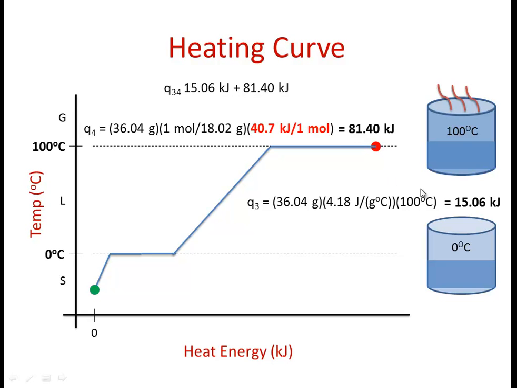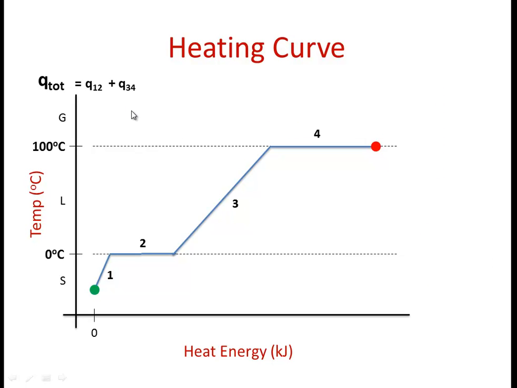Okay, so now let's add up the energies that we calculated. This is the 3rd component and this is the 4th component, and so the heat for components 3 and 4 is simply the sum of the two, which is 96.46 kilojoules. And then finally, to add everything up, how much energy did it take to get from minus 25 degrees in the solid phase all the way to the gas phase at 100 degrees?